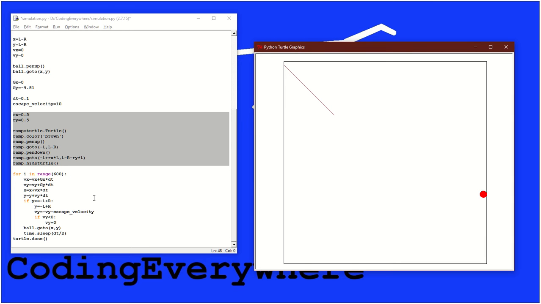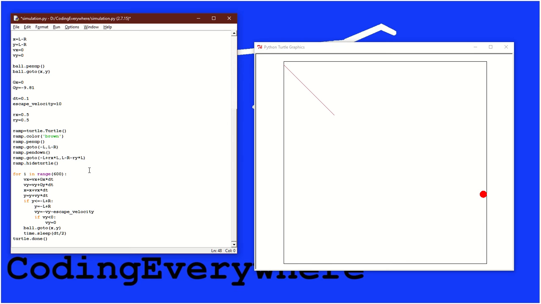If one solves the geometry, then the components of the ramp force, which I will call nx and ny, can be obtained with simple arithmetic operations. So we have nx equal to negative gy times rx, divided by rx times rx plus ry times ry, multiplied with ry.